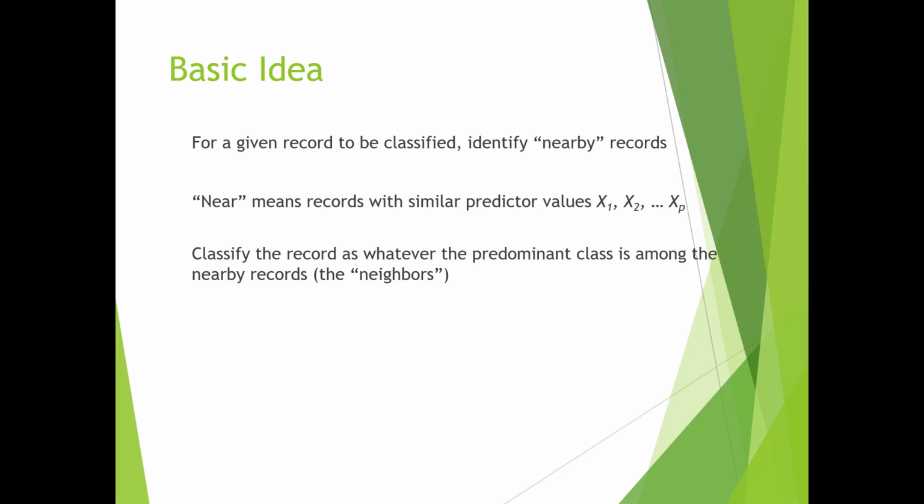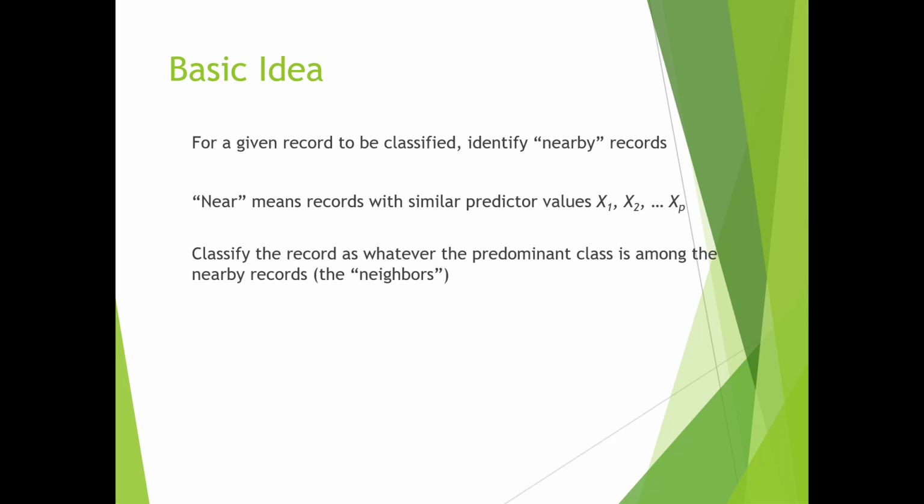Okay, so the underlying idea is that you have a new record that you want to classify, either success or failure, right? And you have the training data, so you look at which of these rows is closest to the new observation coming in.